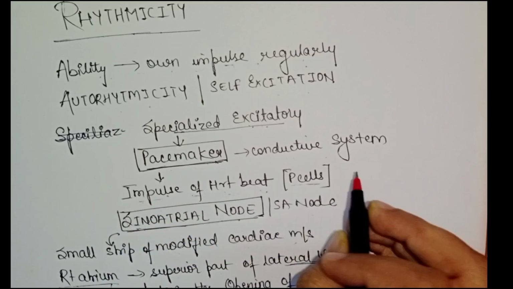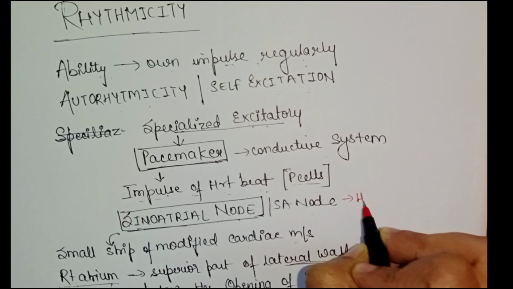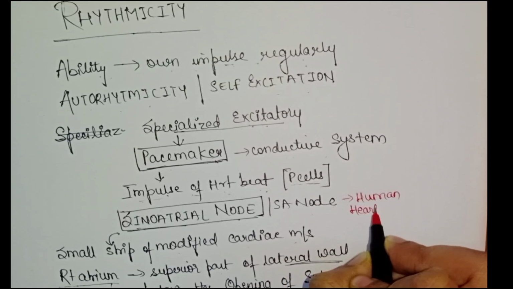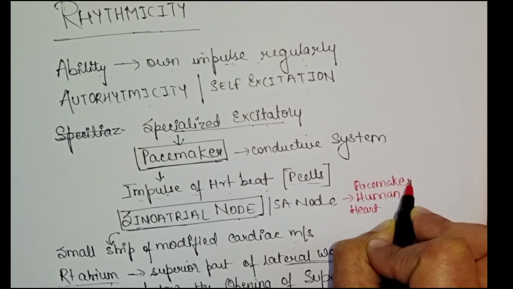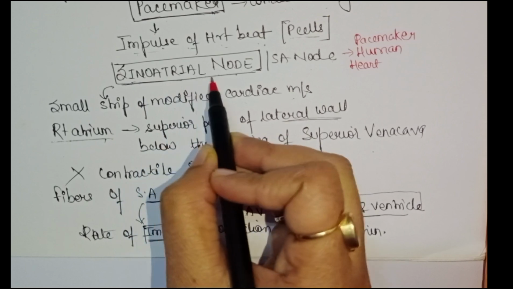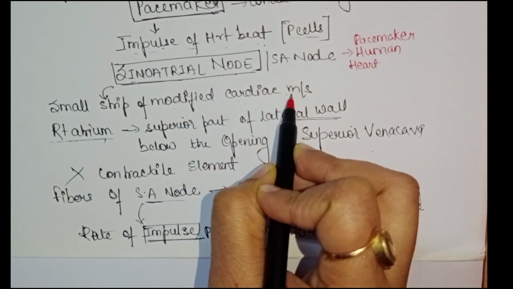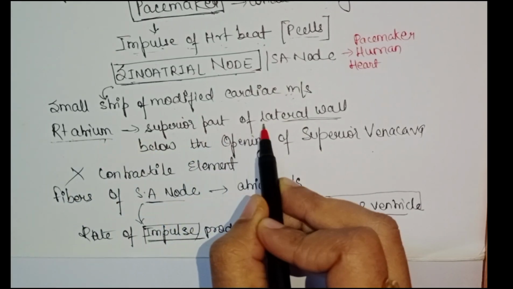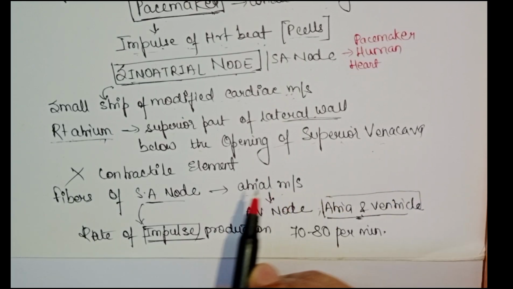The sinoatrial node is the small strip of modified cardiac muscle, and it is situated in the right atrium at the superior part of the lateral wall just below the opening of the superior vena cava.